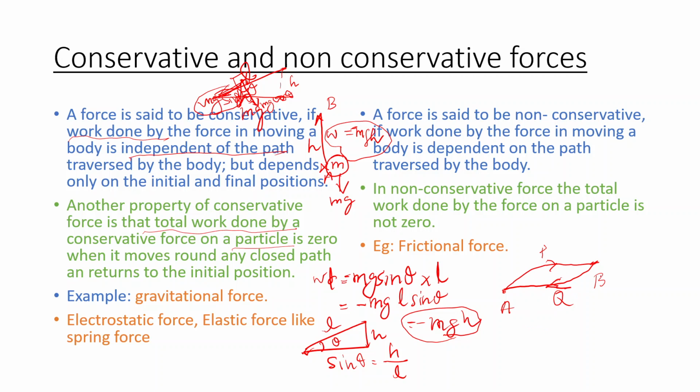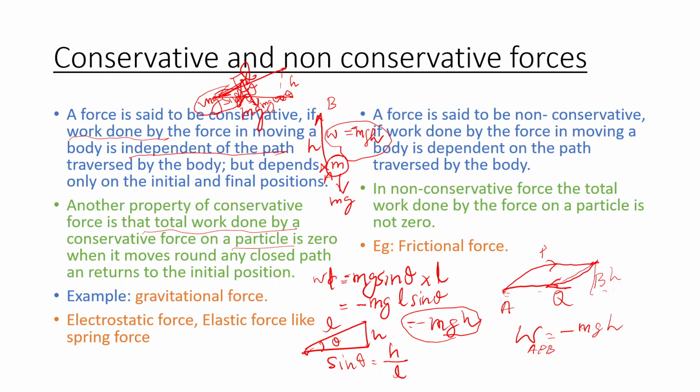So in APB, let us imagine the displacement from the ground is h. As we learned before, it is going upward, so W for the APB path is minus mgh.